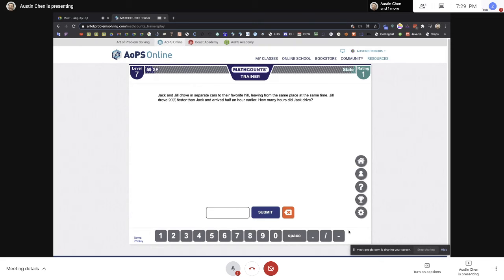So Jack's speed was 1/3. Then the time it took for Jack is 1/x, so the number of hours that Jack drove is 1 over 1/3, which is 3.